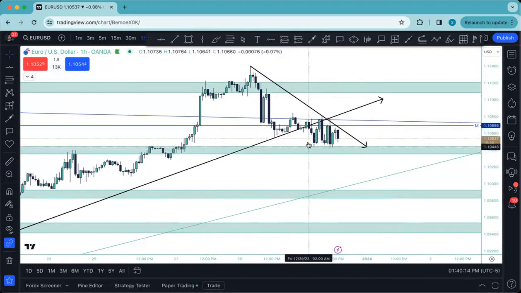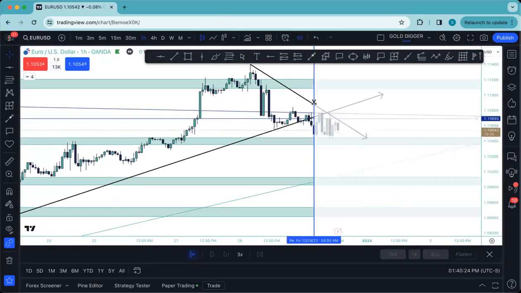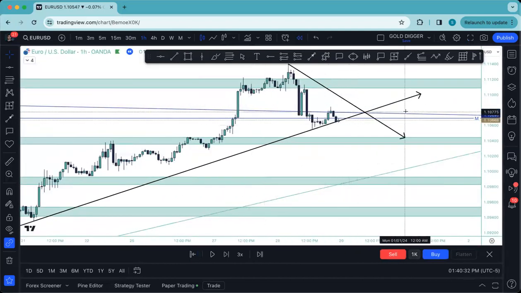And that's the top trend line, because what happens is, just say that this was not here. Let me do the bar replay. Okay. So none of that is there.